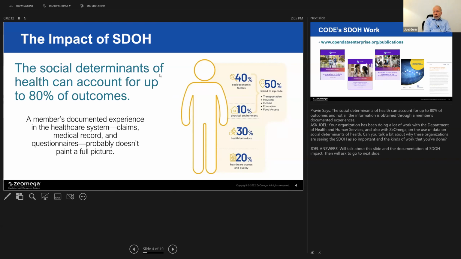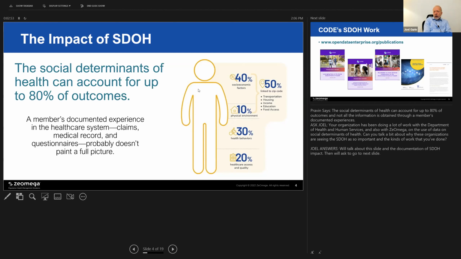We've done a lot of work recently, both with ZeOmega, with the Department of Health and Human Services, and others around SDOH and the use of SDOH data. This slide, which comes from a report that we did with ZeOmega, helps make the case not only for why SDOH data is important, but why some of the public sources of SDOH data can be so valuable. There's a common number now that maybe 80% of health outcomes could be due to social determinants of health.